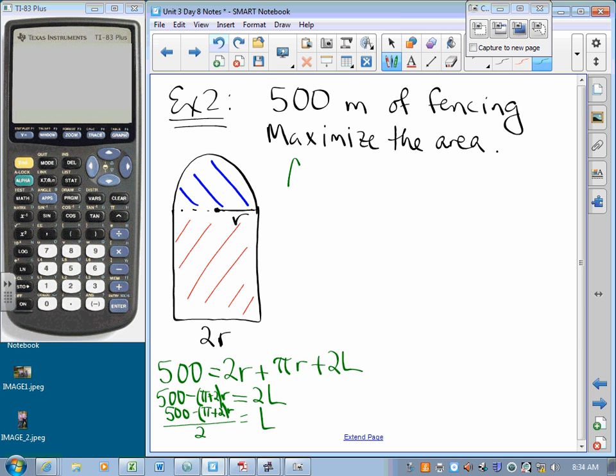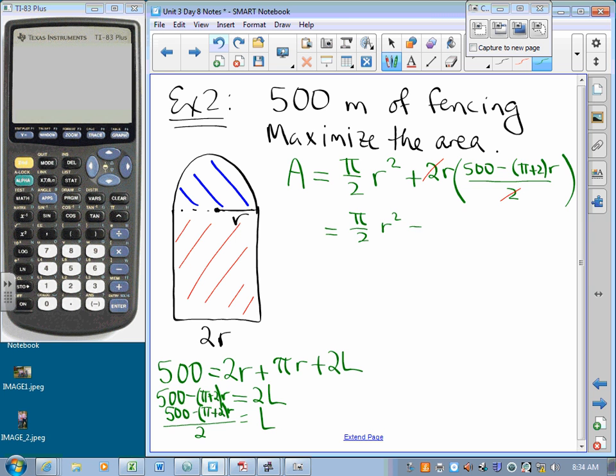So I want an area function. I want the area of the corral. And the area of the corral is half the area of a circle plus the area of the rectangle. And the area of the rectangle is 2r times the length of the rectangle. And surely we can clean that up just a bit so that this is pi over 2 r squared plus 500r minus pi plus 2 r squared.